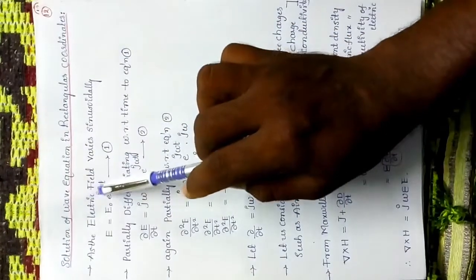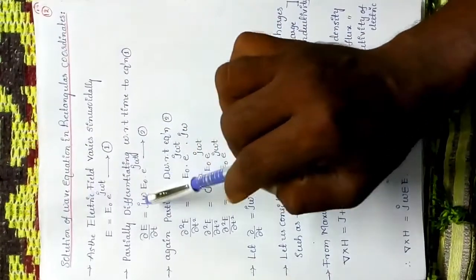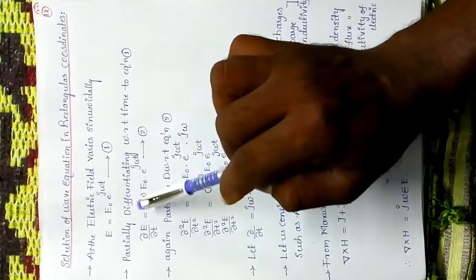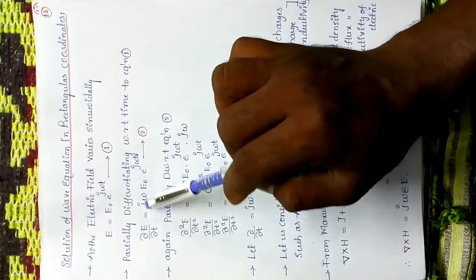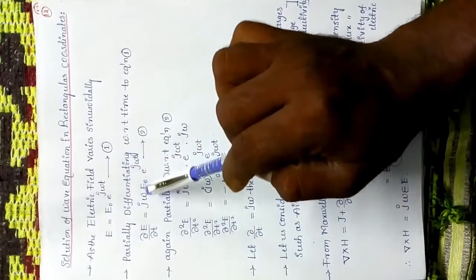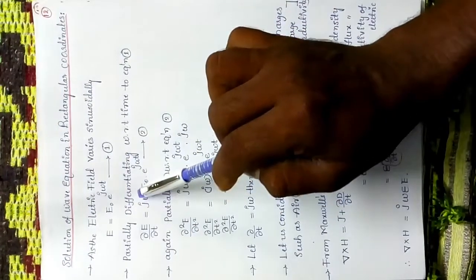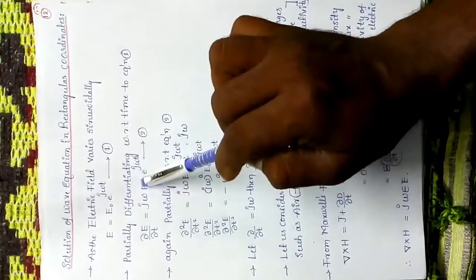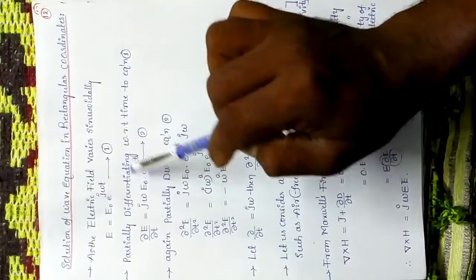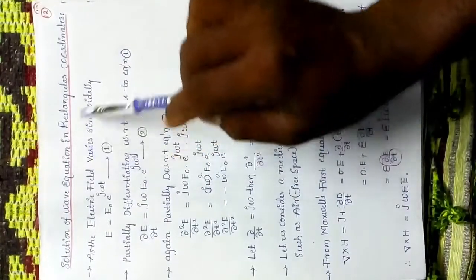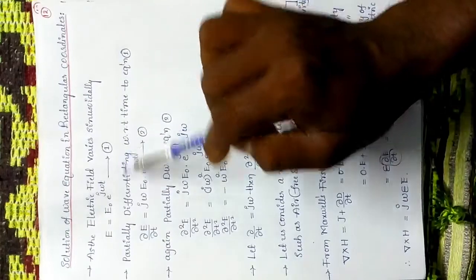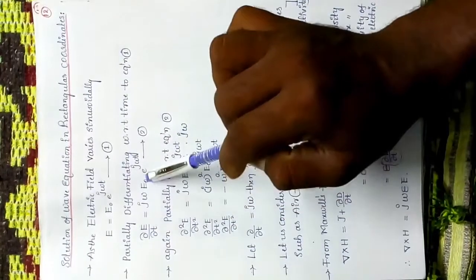Here j omega is a constant term, so I am writing it in front. J omega into E naught is a constant, so that is why I write it in front of this. The variation is sinusoidal, e power j omega t. This is the first derivative of the partial differential equation.